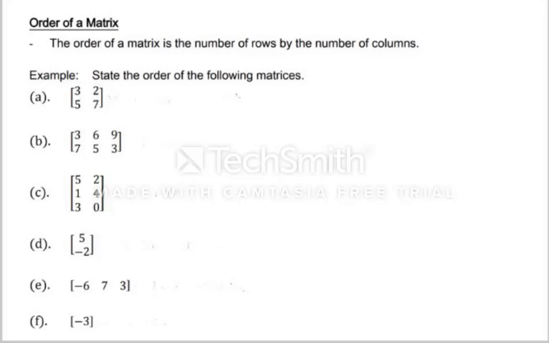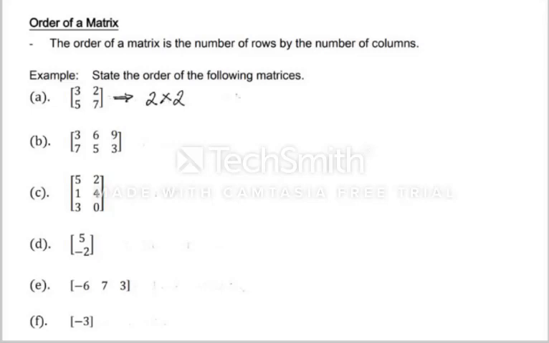Example 1. State the order of the following matrix. Matrix A has two rows and two columns. The rows are horizontal and the columns are vertical. So matrix A is a 2 by 2 matrix.